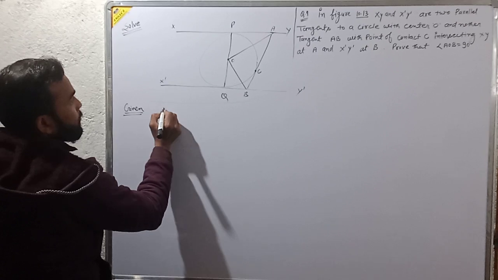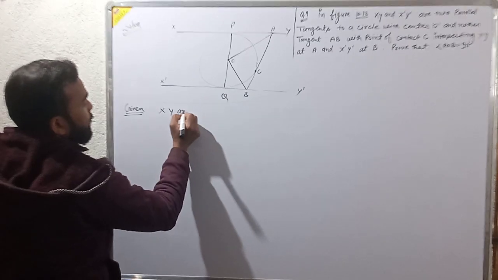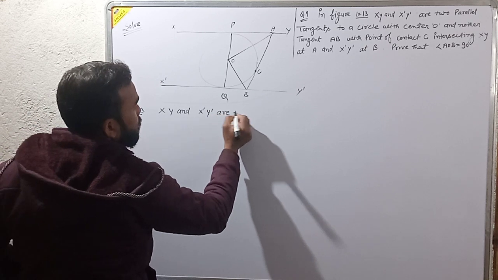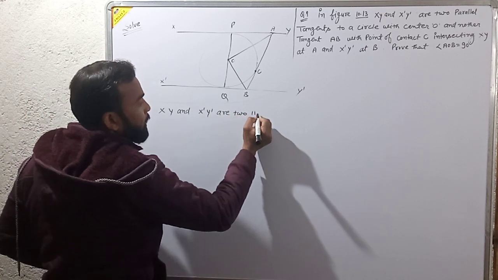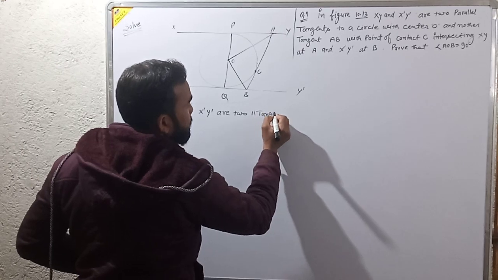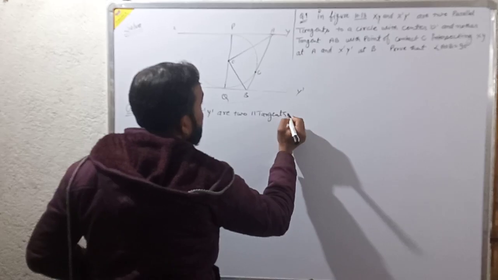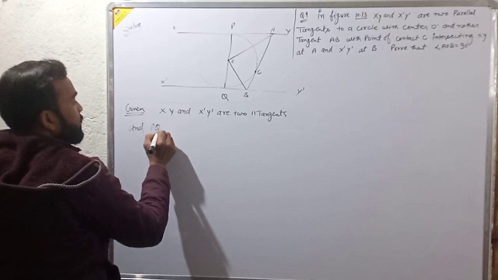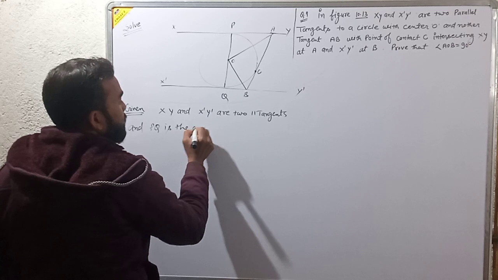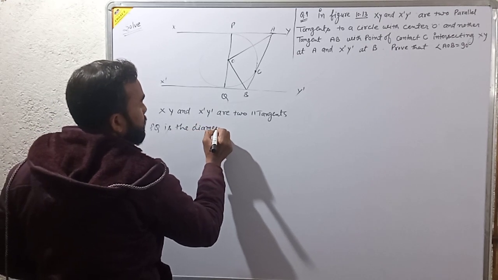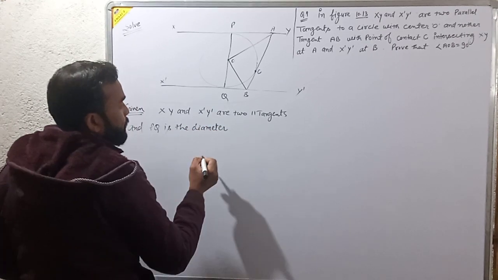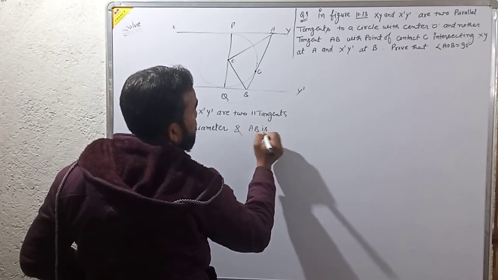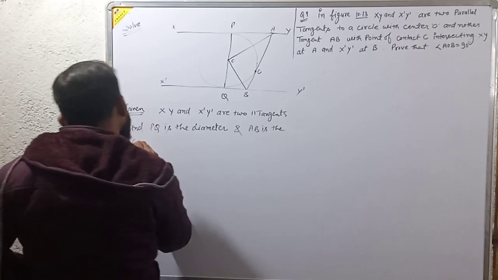Given XY and X dash Y dash are two parallel tangents, and PQ is the diameter, and AB is another tangent.